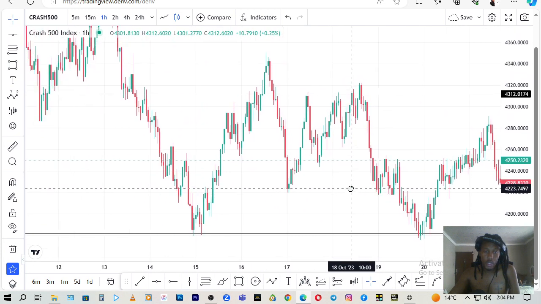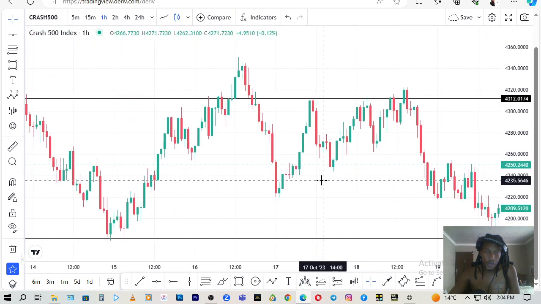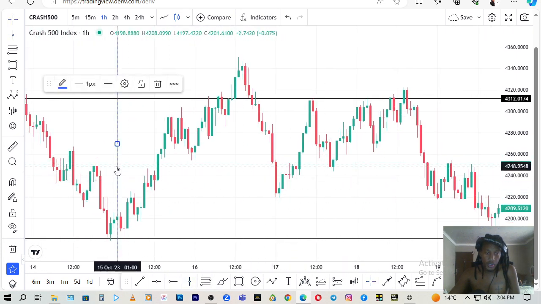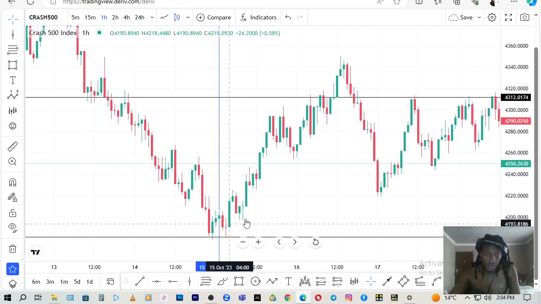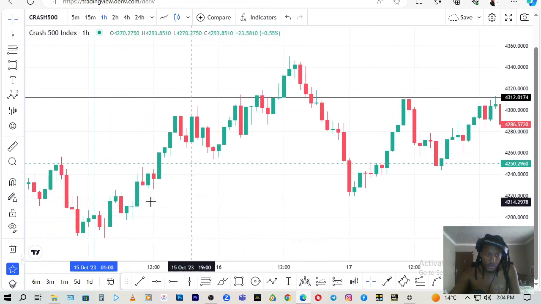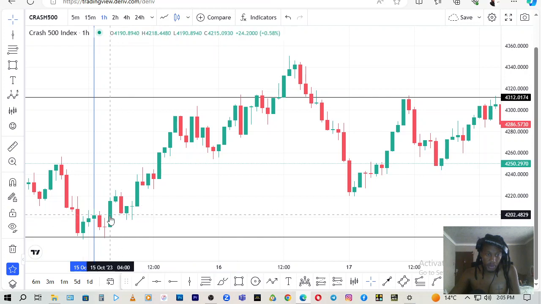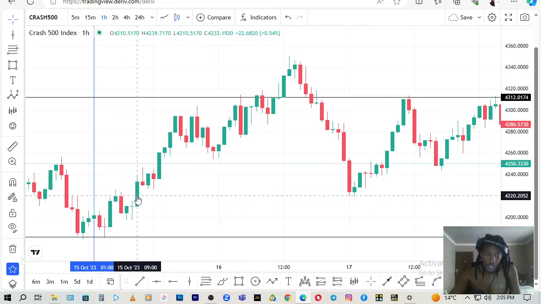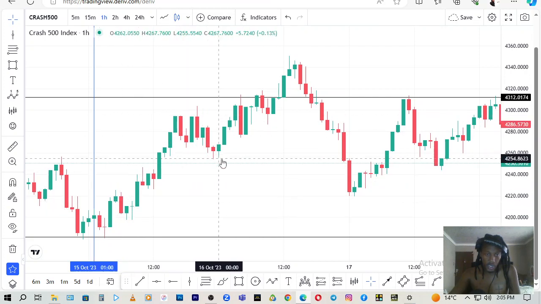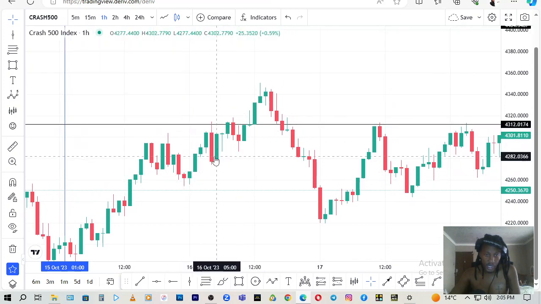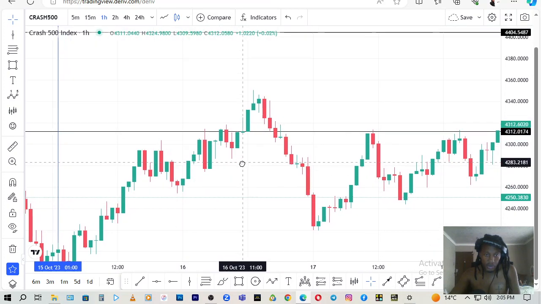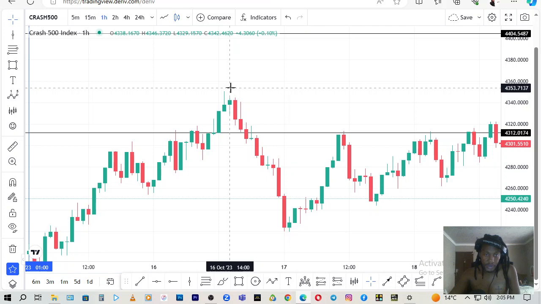So if we were to read this market from this point over here, we were in an uptrend, high, low, high, low, high, low, high, low, high, low, high.